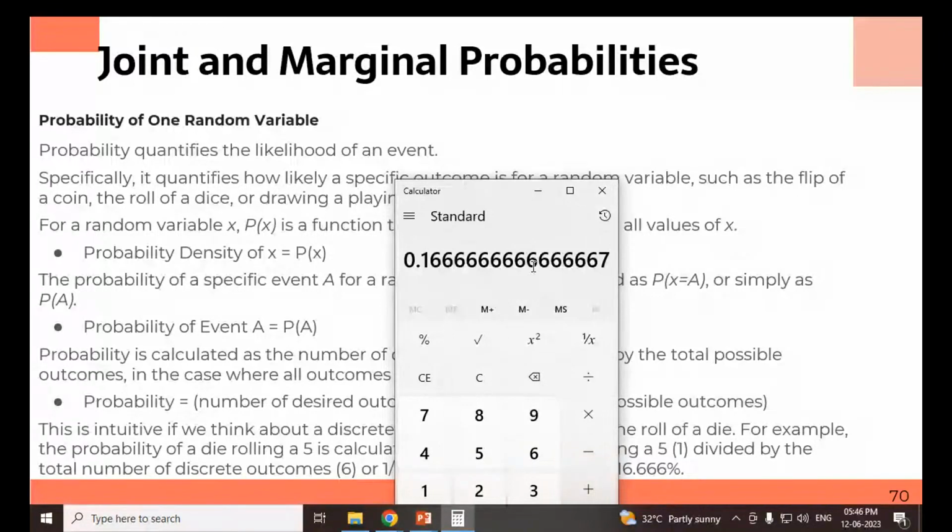You're picking only 1 ball. These are the possible outcomes, 6 possible outcomes. Anyone I can pick out of 6.